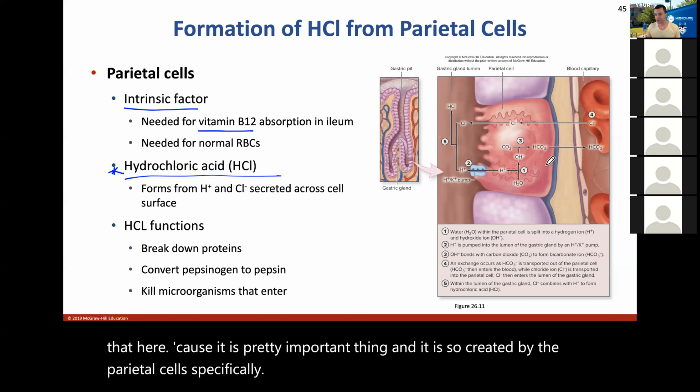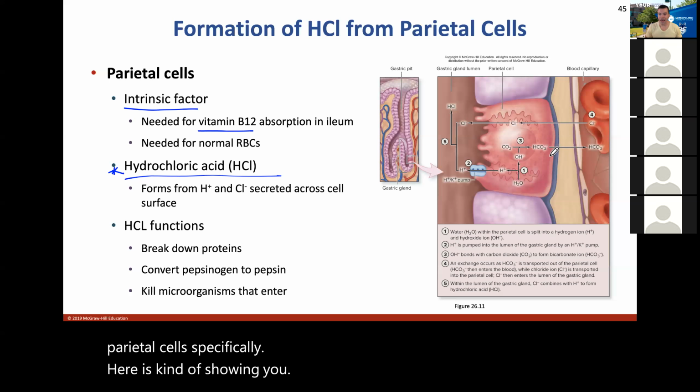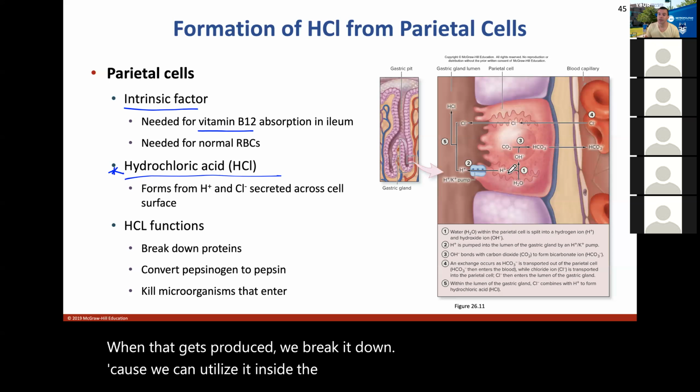Here it's kind of showing you how it makes hydrochloric acid. See, we get a little bit of water there, metabolic water. When that gets produced, we break it down because we can utilize it inside the cell. We break it down into hydrogen ions and hydroxide ions.